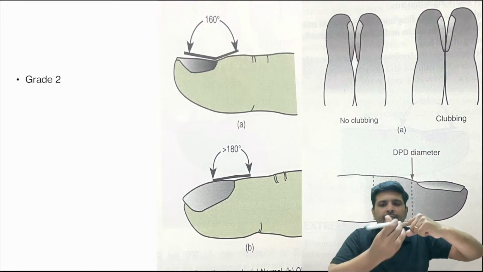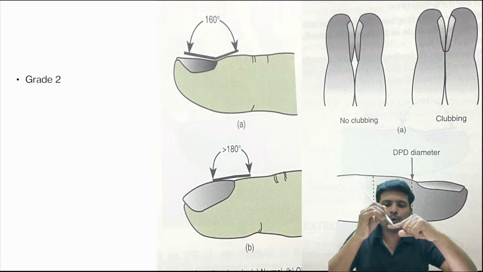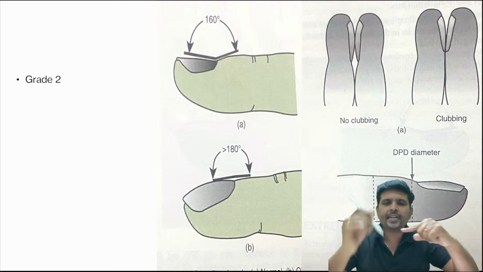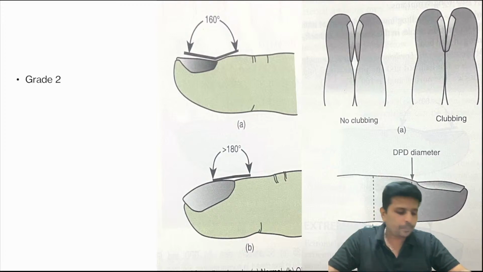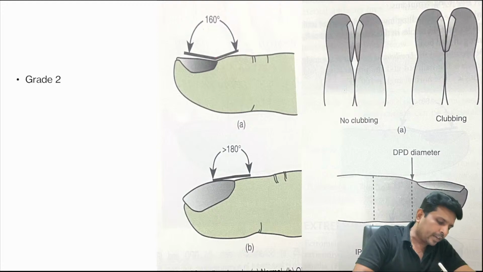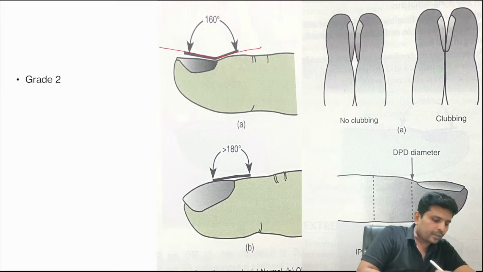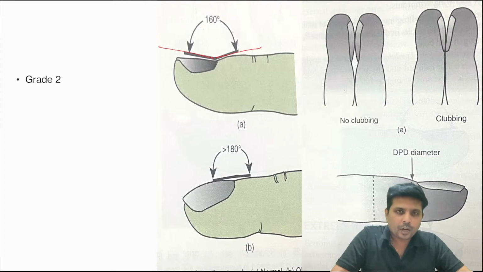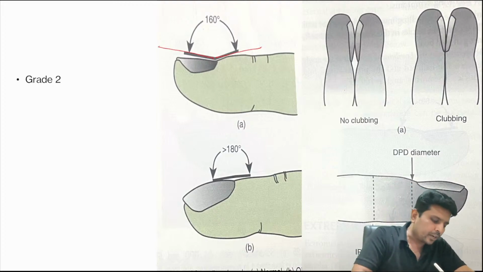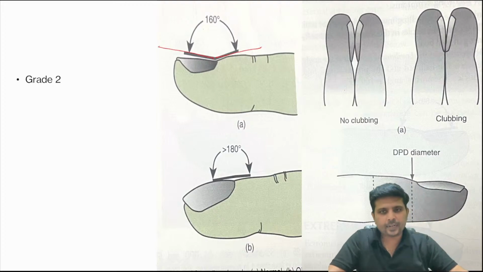You draw a straight line over the nail bed and another straight line over the nail plate. The normal angle is 160 degrees.